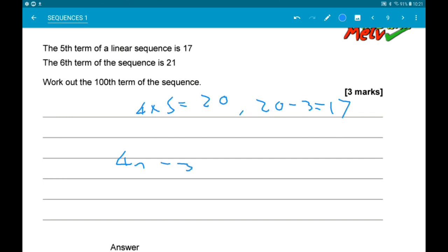Now we can check that with the sixth term. 4 times 6 is 24, minus 3 is indeed 21. So the hundredth term is 4 times 100 minus 3, which is 397.